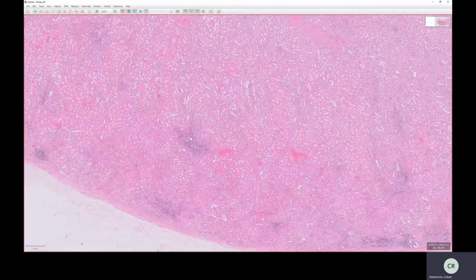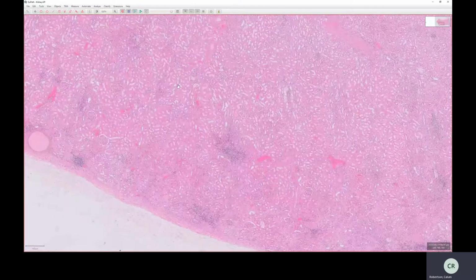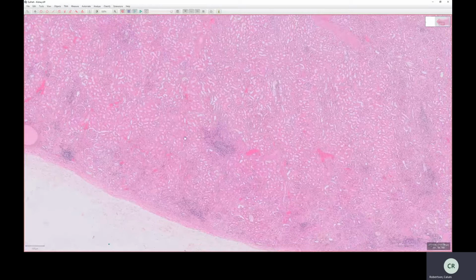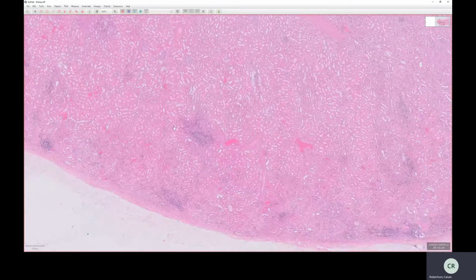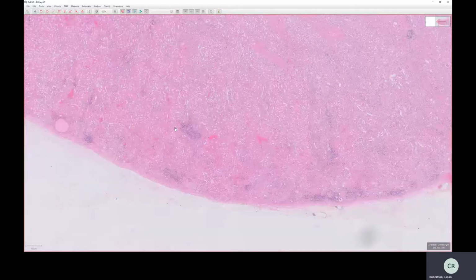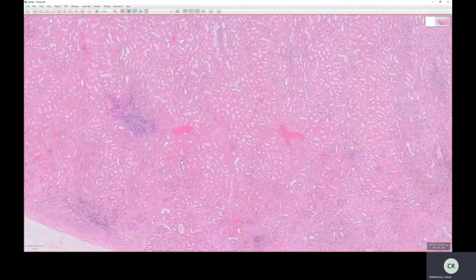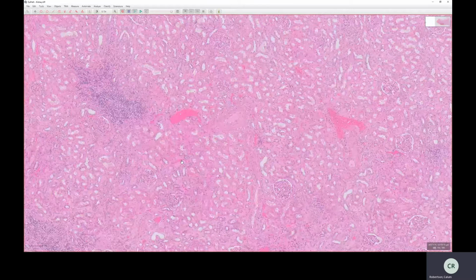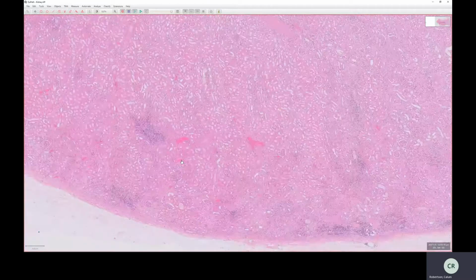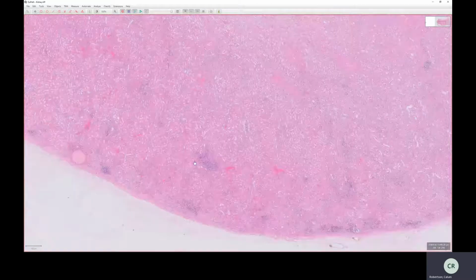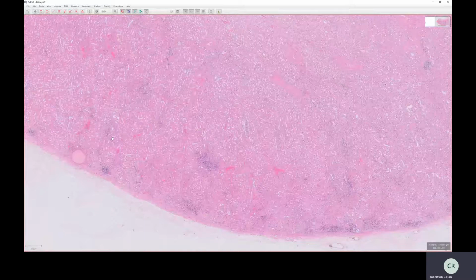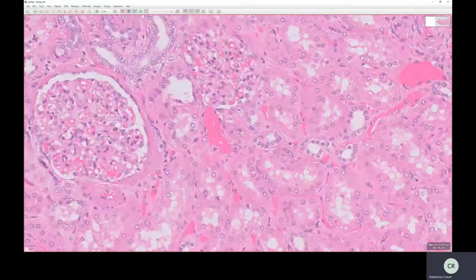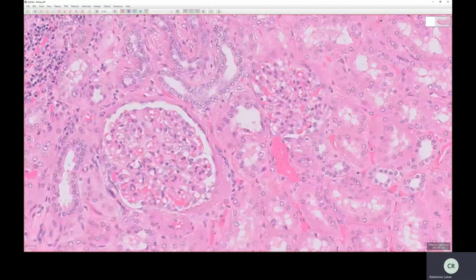You characterize the inflammation and the different changes happening within the kidney on H&E, and also using special stains. The only routine use of electron microscopy within pathology is in medical renal biopsies. So you routinely use electron microscopy to look in great detail within the glomeruli, where you can identify the structures I was talking about earlier, the podocytes, the endothelial cells, the mesangium, etc., and the basement membrane.